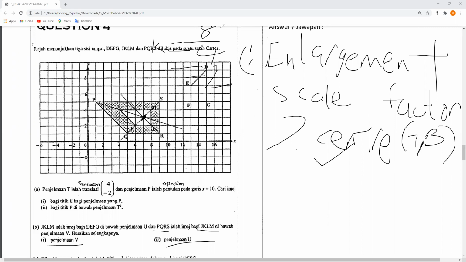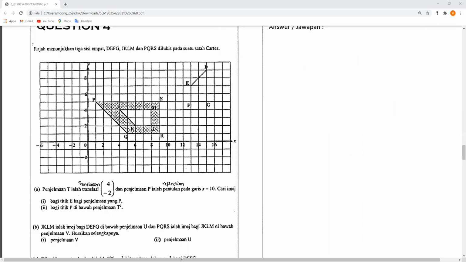So next one, they want you to determine the transformation U. As you can see, JKLM is an image of DEFG under the transformation U. So DEFG is here, JKLM is here. So JKLM is the image.